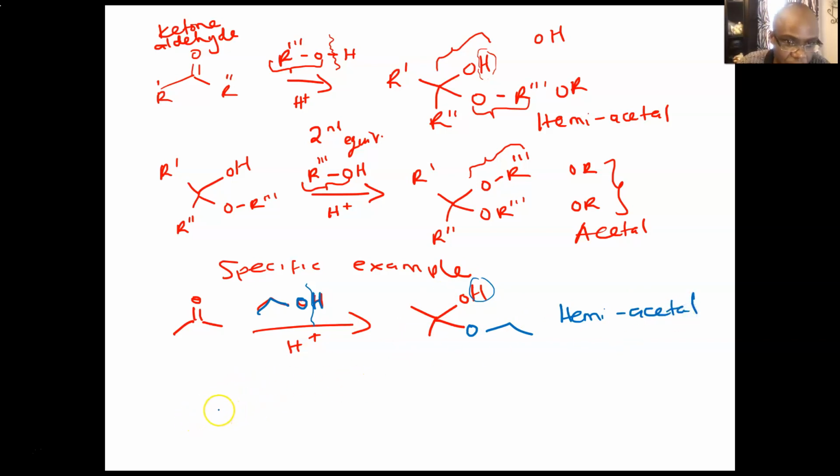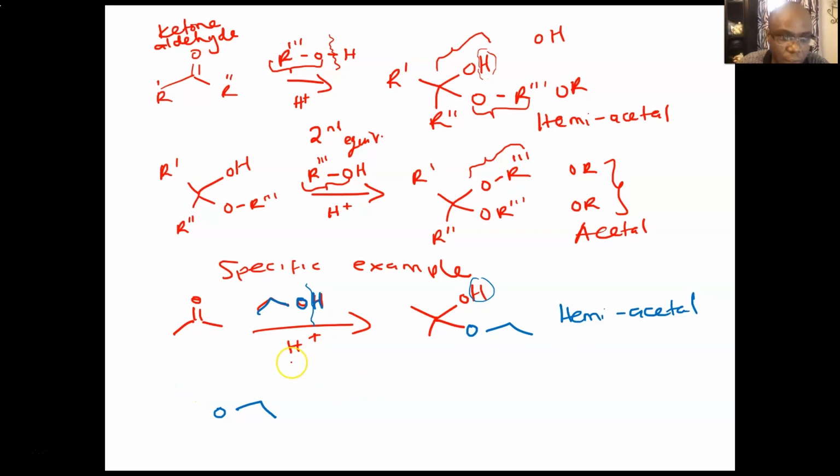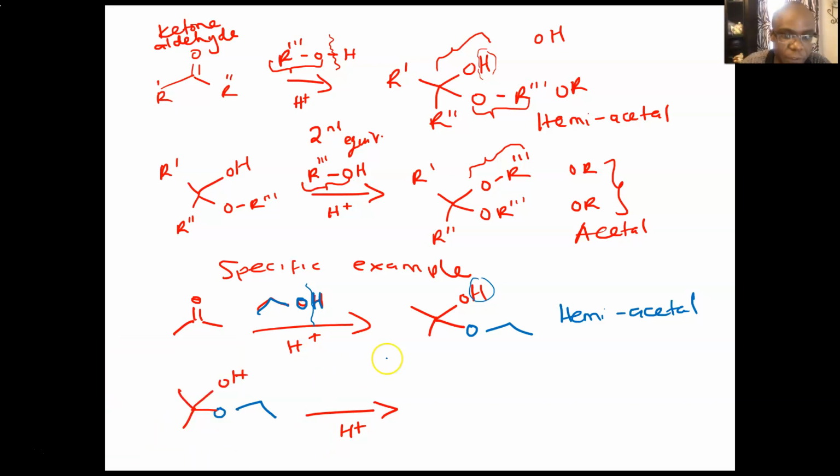Now, once you have your hemiacetal, it can react one more time. Okay, so the hemiacetal can react one more time with a second equivalent of the alcohol ethanol. Again, I'm just giving you a specific example here.